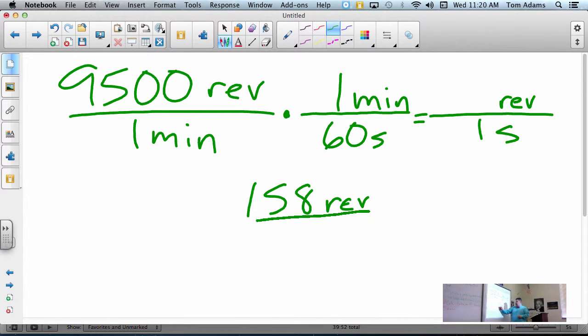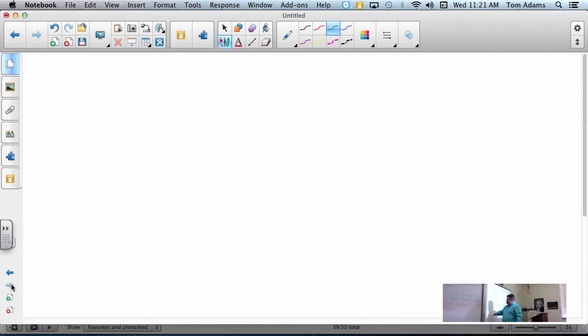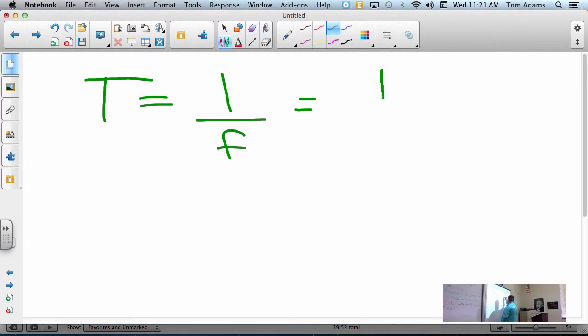revolutions per 1 second. Now what did I just find? That's the frequency. What were they asking for? The period. How do I find that? Yeah. So our equation is T is equal to 1 over f, right? Which is equal to 1 over 158.